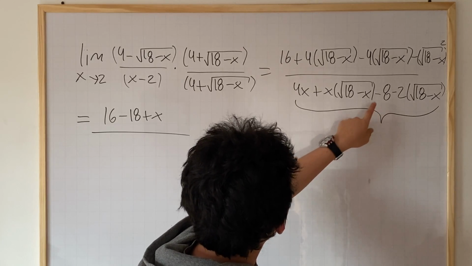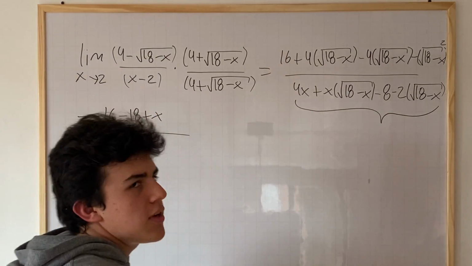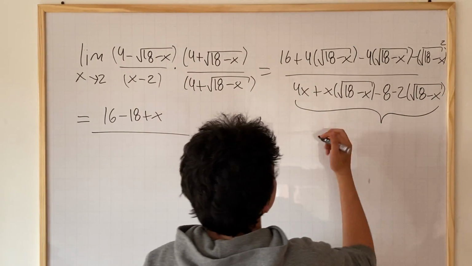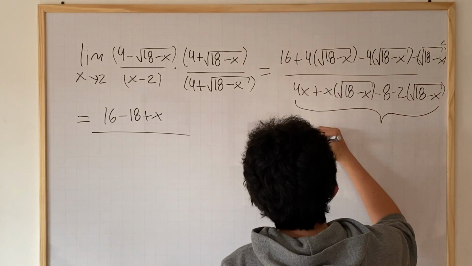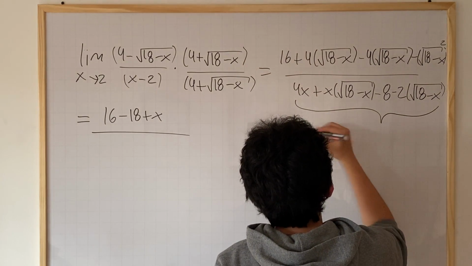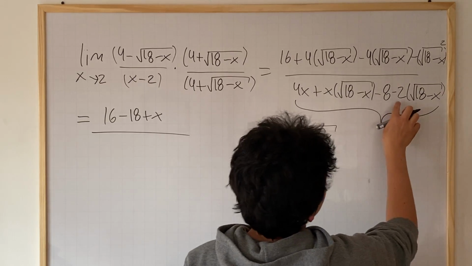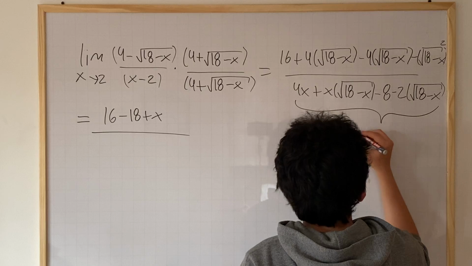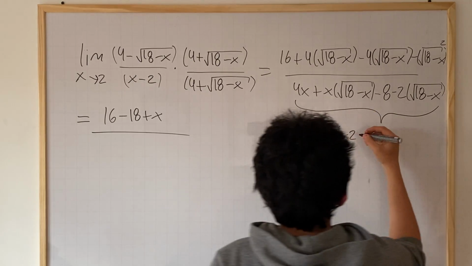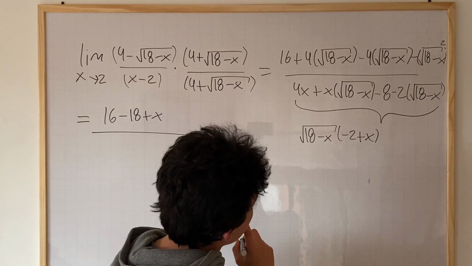Was this minus 8 inside this thingy? No, it was not, because we're multiplying minus 2 times 4, yeah. So let's do it. So we have a common factor, so it would be the square root of 18 minus x times minus 2 plus x. Plus x, yeah, should be right.